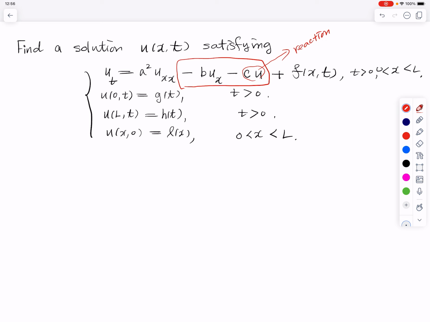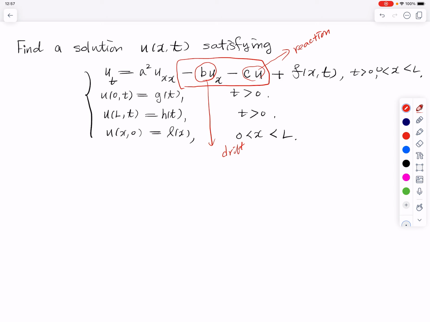And then the B term, this one is called the drift term. Physically, the U depends on some sort of external force.